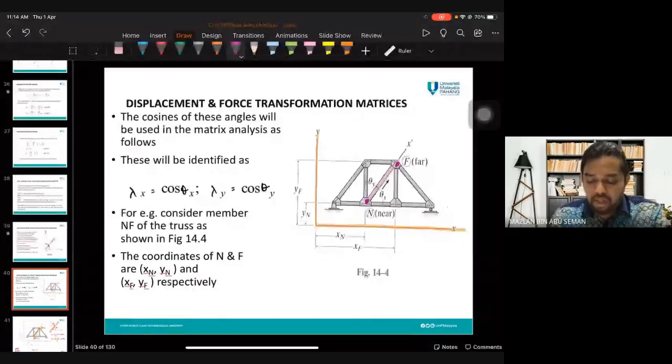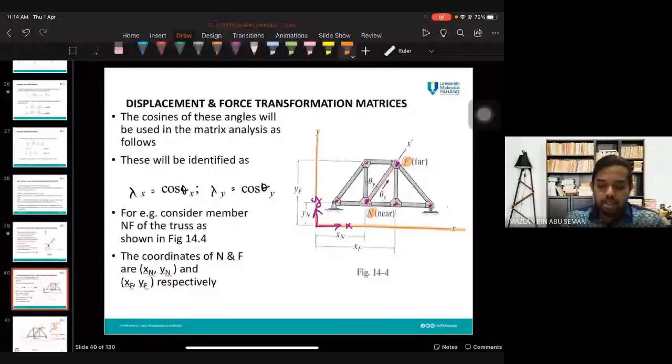That's why if you realize in my notes, I always put coordinate at each node, and I put global direction, X, Y. So you can take this one as 0, 0, start from here, and find the coordinate for each node. So you know which one is near, which one is far.